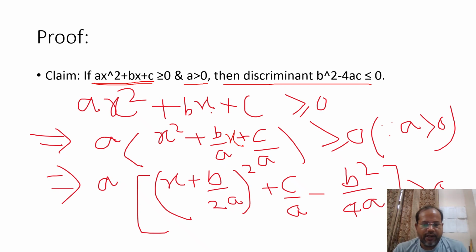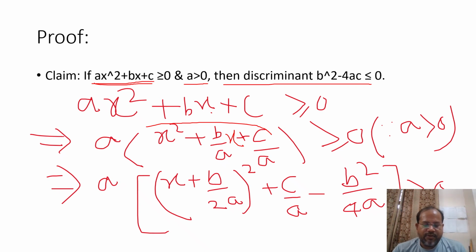This is also greater than or equal to 0, because a is greater than 0 and we have taken a common on the left side. Now we try to make this bracket term a square of something. So we can write this as x plus b by twice a, whole square, and c by a is as earlier.